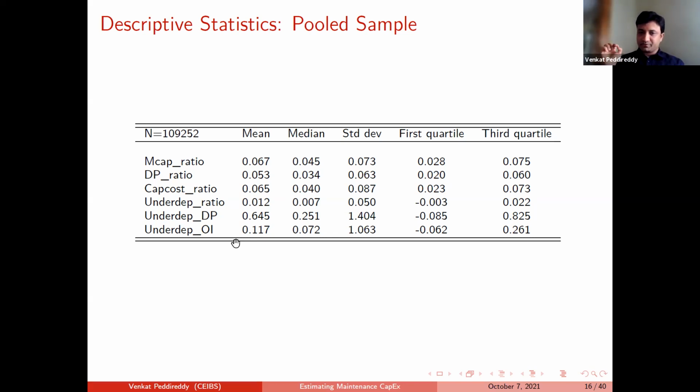It's about 25% more than the recorded depreciation and amortization expense for a median firm. When compared to operating earnings, which is operating earnings after depreciation, the effect of under-depreciation is about 7.2% for the median firm, and on average it's about 11.7%.